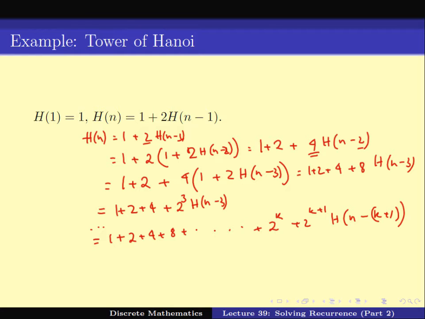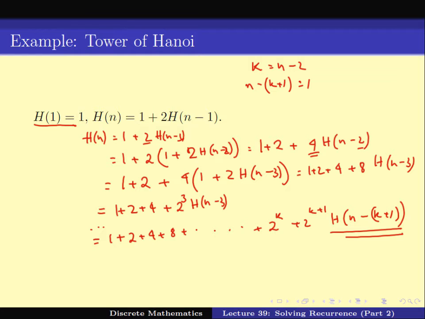Now, here again we need to make this one disappear. So again, I have H1 equals to 1. So again I take k to be equal to n minus 2. If I take k to be equal to n minus 2, then n minus k plus 1 is equal to 1.